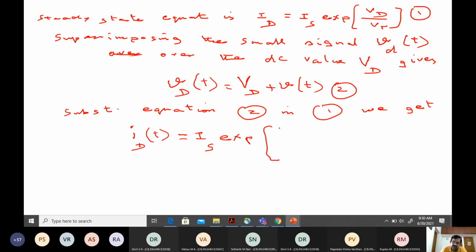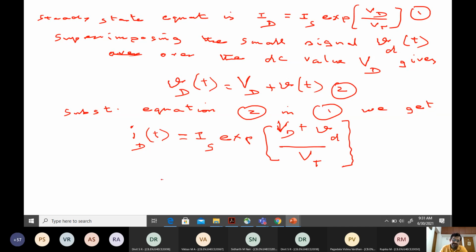So when I do this, this becomes capital V_D plus small v_d. I will not write this function of time again and again. It is understood, small v_d by V_t, where V_t stands for the thermal voltage.